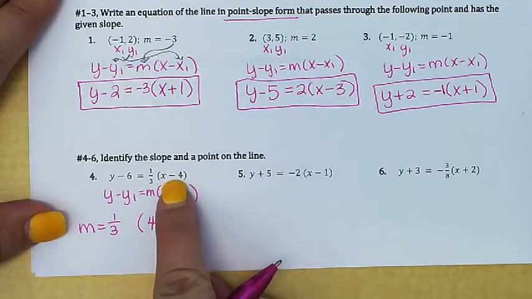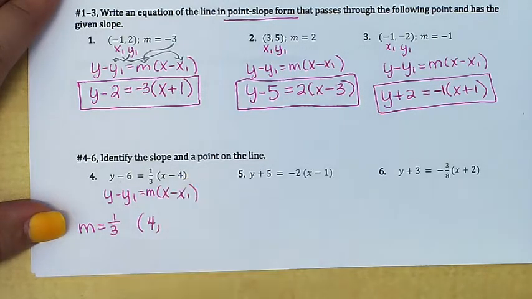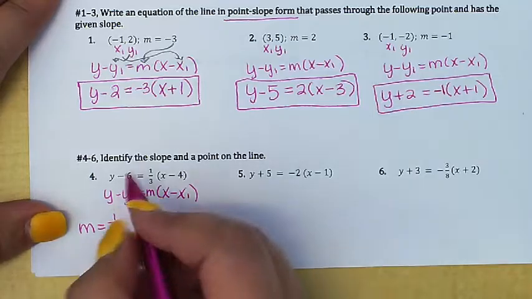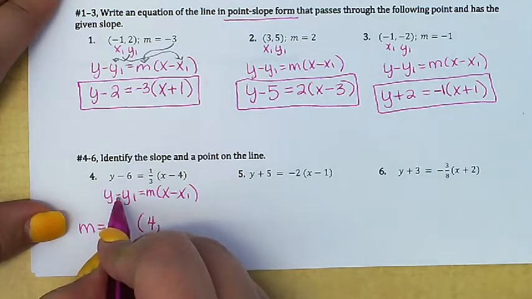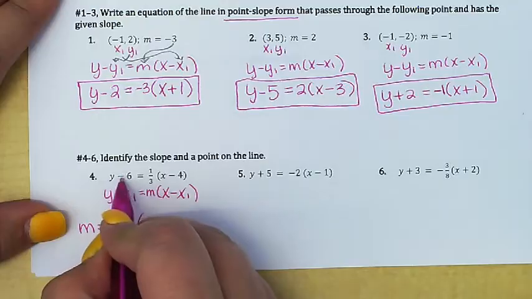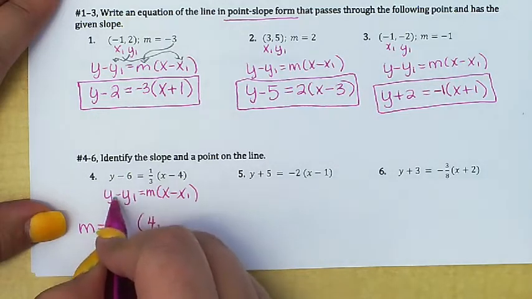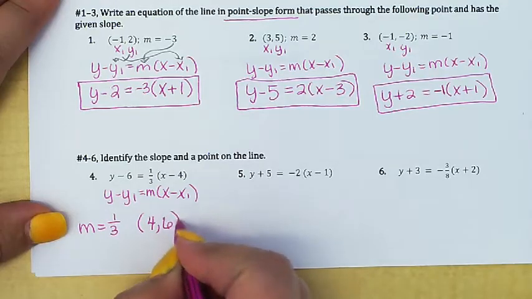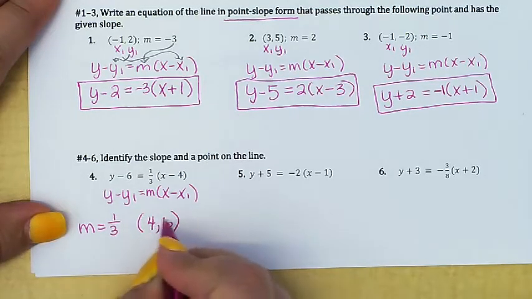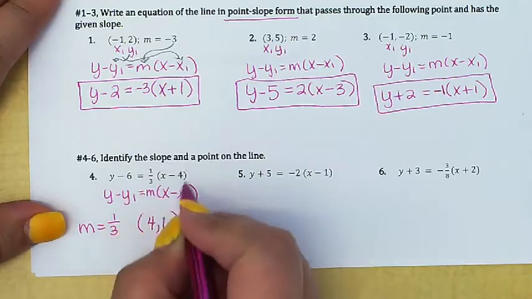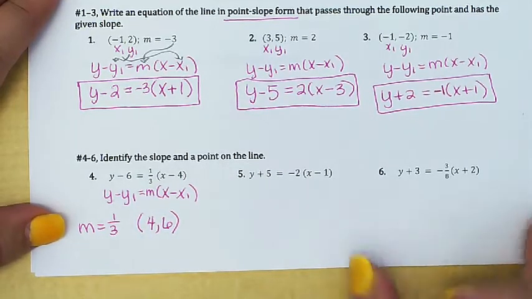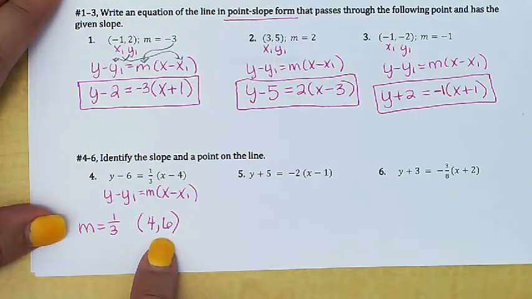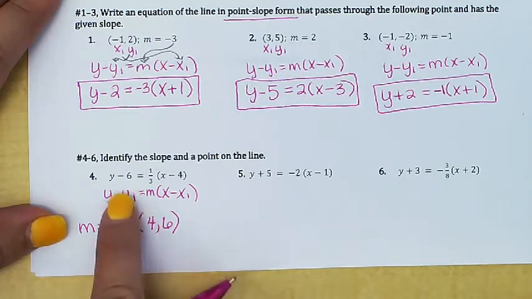The formula that's using the subtraction is not belonging to the x coordinate, right? And same thing here. The formula was x minus the y term. So when I see that negative there, that's actually the original sign in the formula, and my y1 is just a 6. So it's basically you're going to end up with the opposite signs here than what you were seeing in the formula itself. So this would be the slope and the point that we can identify from that point slope.